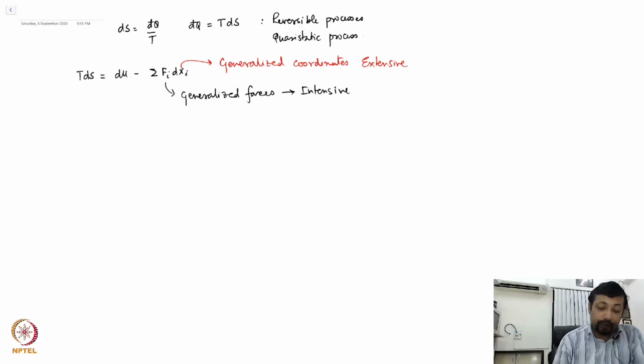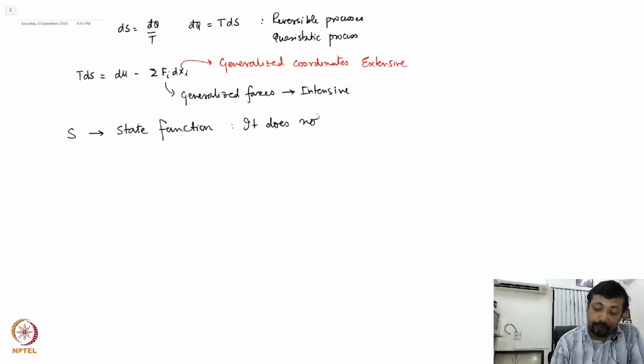In addition to that, now I have the information that the quantity S is a state function, the entropy is a state function, it does not depend on path. Similarly, U is also a state function.